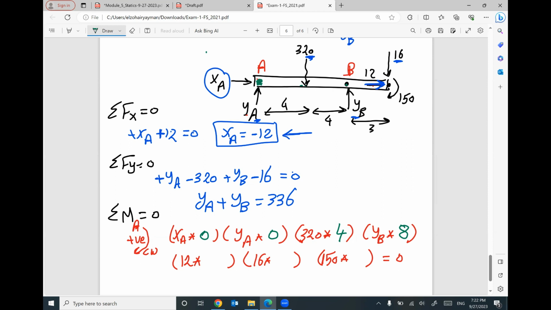What is the distance between point A and 12? Your 12 is located here. So what is the distance between the two locations, to multiply 12 by? Any help?